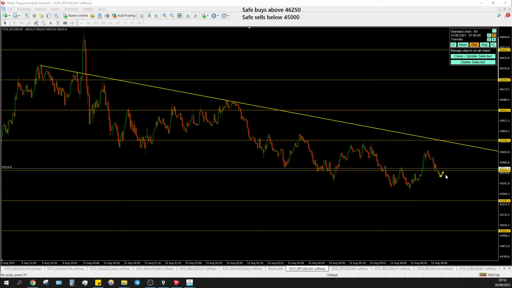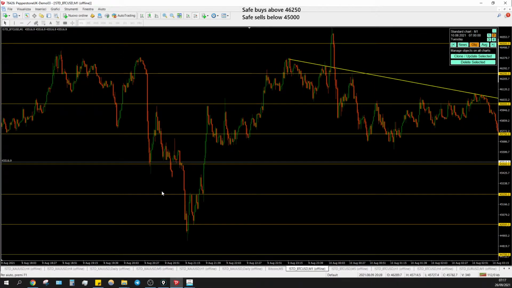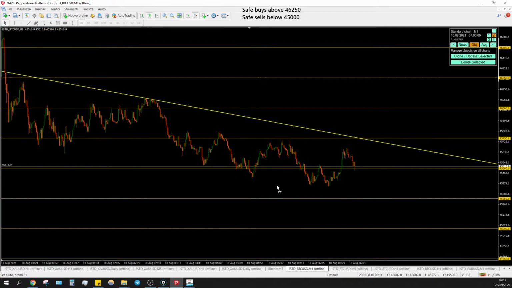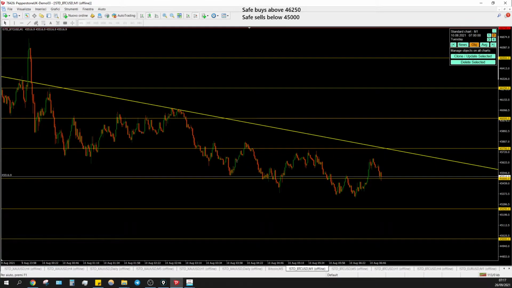I'm not going to take into consideration sells at 45,500 just because we have this PSA, but I might take into consideration sells below these previous lows, and much more clear if we have a break and retest of the PPL 45 to 50 to go to revisit these lows. Remember that we are scalpers, so 25 pips.